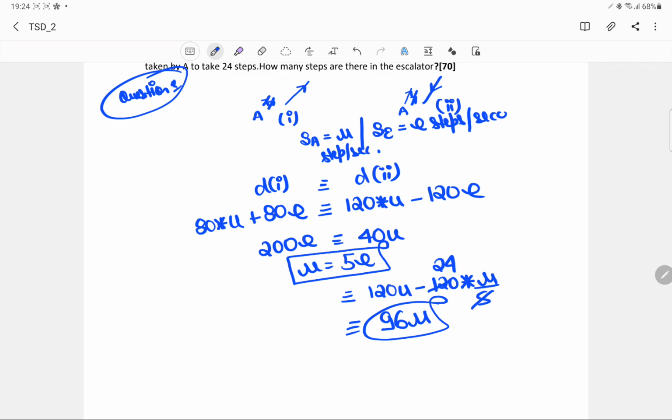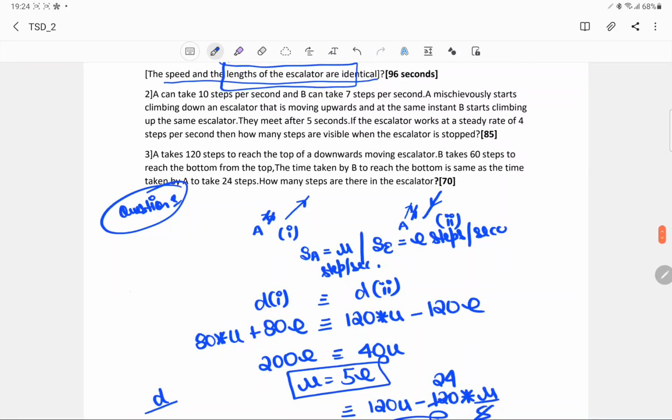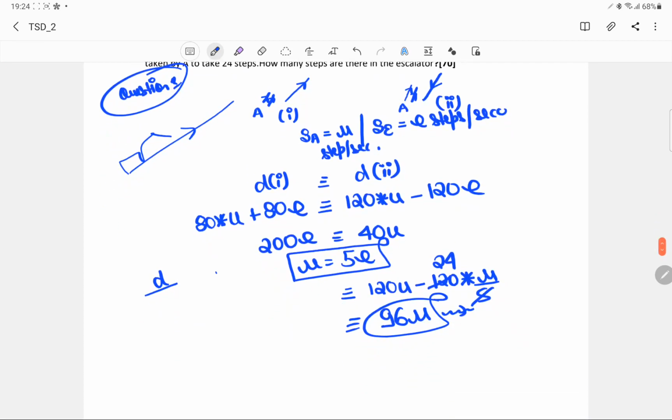Now this is actually the length, so we are aware of the distance. The distance of the escalator is 96 into u. On a stationary escalator there would be no motion of the escalator, so we can divide by the speed of Adam, u, and this would be 96 seconds.